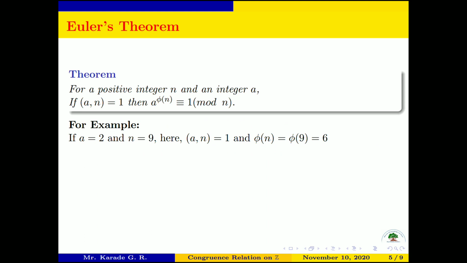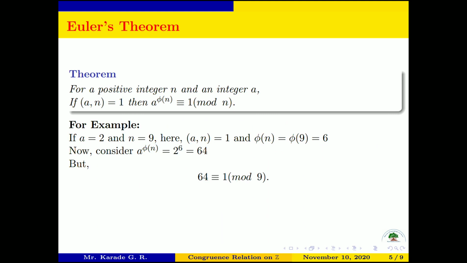Now we consider a raised to the power phi of n, which is 2 raised to the power 6, and 2 raised to the power 6 is 64. But 64 is congruent to 1 mod 9, because when we divide 64 by 9, the remainder left is 1. Therefore 64 is congruent to 1 mod 9.